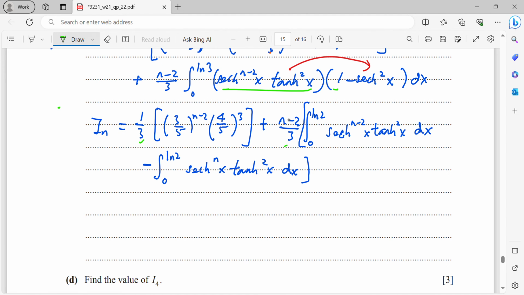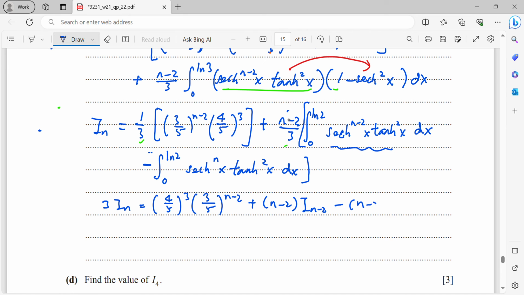So this 3 I move up, becomes 3 I_n equals to, rearrange the terms, then plus this one left n minus 2, and this whole integration is the I_(n minus 2). Minus, don't forget this n minus 2 multiply to this as well, so I will write n minus 2, then this whole integration is the I_n.